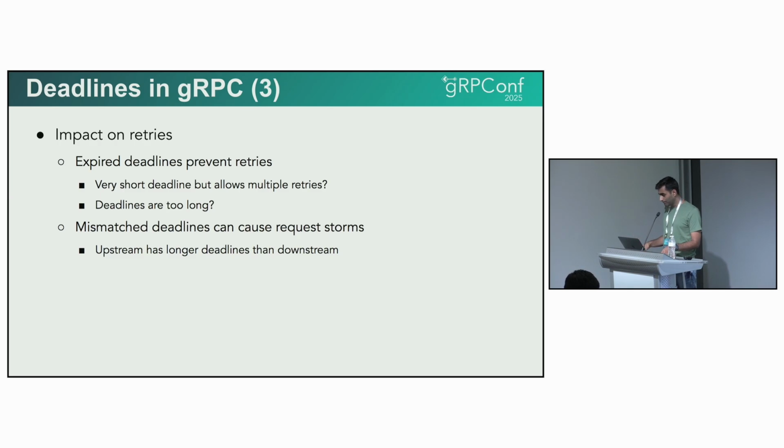The downstream service will keep getting hammered with a lot of calls from upstream, and it won't be able to satisfy any or some of those requests because it has a deadline of only 2 seconds. That will just burn the CPU and the memory, and here we are not doing any productive work, just wasting CPU and memory.